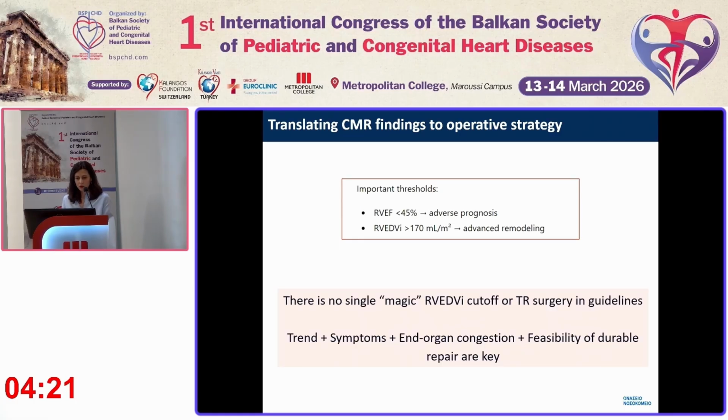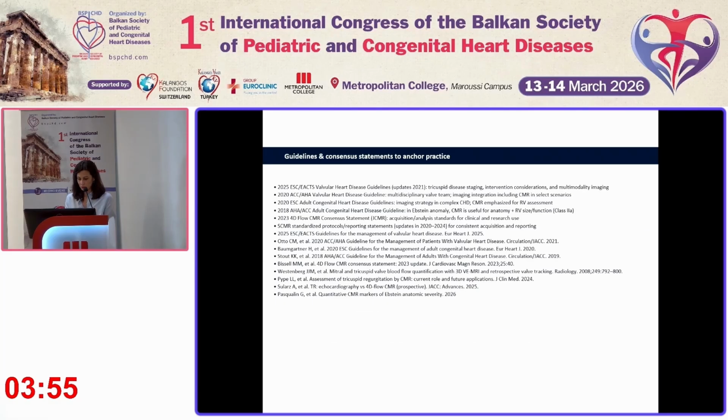But be mindful that there is no single magic number or cutoff for volumes or regurgitation for TR surgery in the guidelines. You need to take a concomitant assessment of the trend, how the patient is tracking, the symptoms, if there is any end organ dysfunction, and if the feasibility of durable repair is possible.